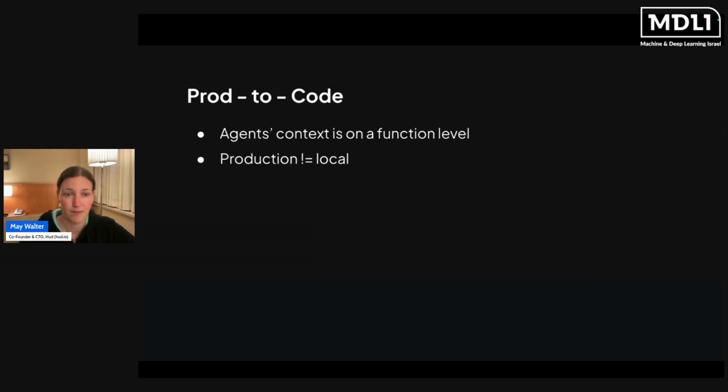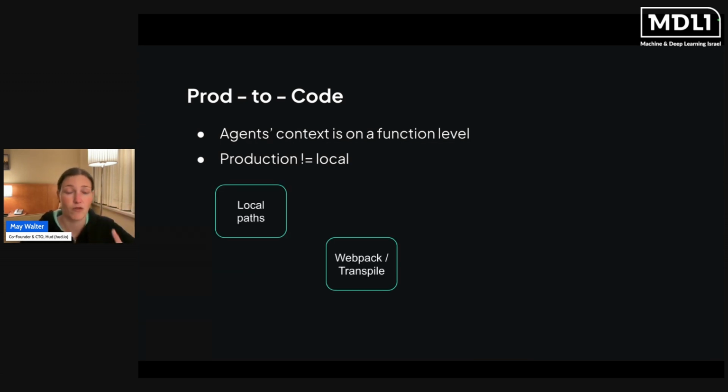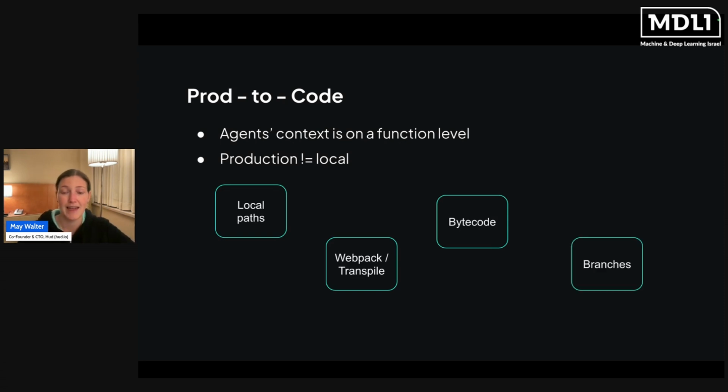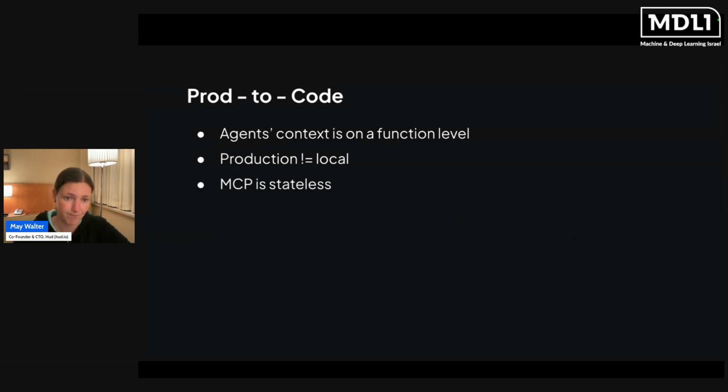But production is not local, and the paths could be different, and there could be webpacking or transpilation or other processes that happen during the deployment. There could be bytecode manipulation if we're talking about Python. And maybe the branch that I'm on is not even the main branch, and the code that I'm looking at is not exactly identical to what's going on in production. So all of those issues can get to a point where we might not be able to match properly.